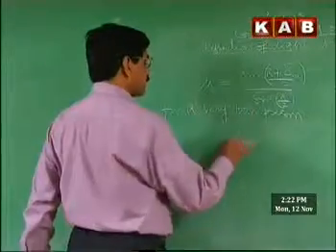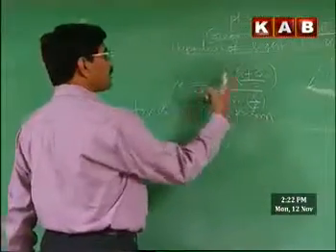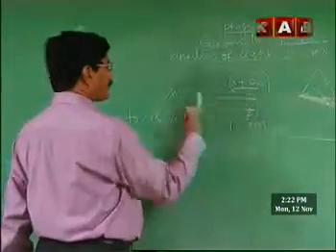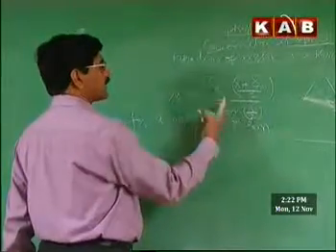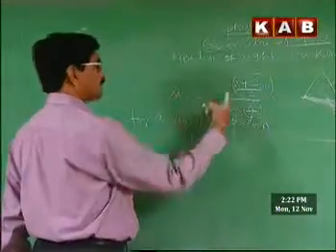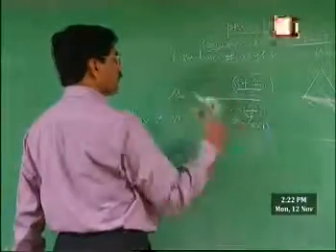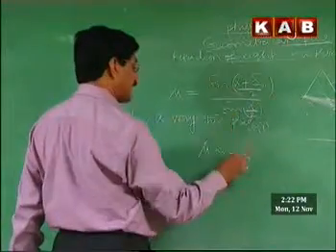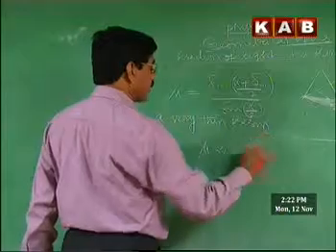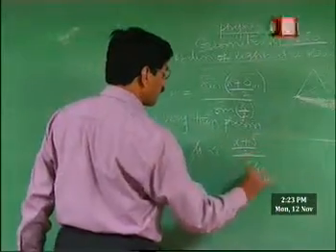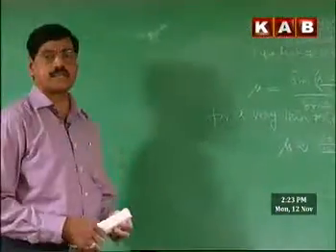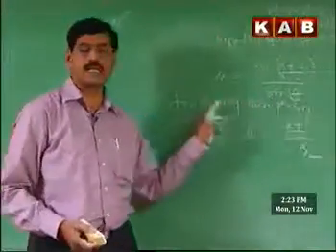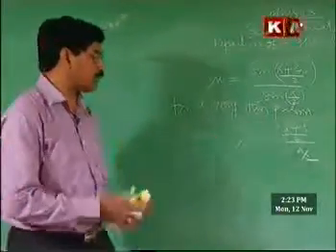Therefore, we can write mu approximately, since alpha and delta are small, the sine of an angle is the same as the angle: alpha plus delta by 2 over alpha by 2. So for a very thin, small angled prism, we can use this formula.